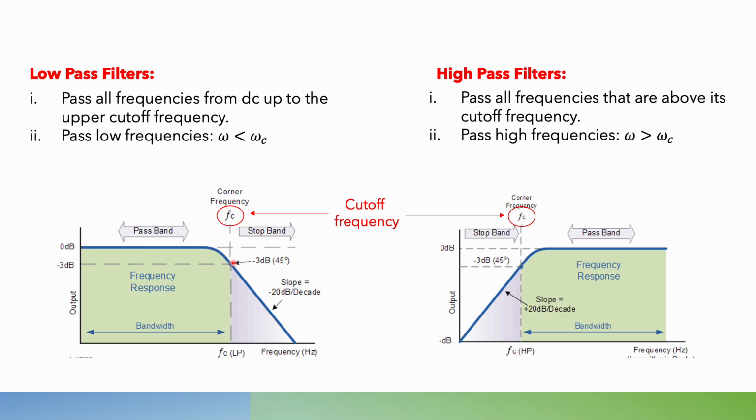The low pass filter allows the lower frequencies to pass through the filter, and it eliminates or discards the higher frequencies. Whereas the high pass filter allows higher frequencies to pass through, and it eliminates or discards all the lower frequencies.